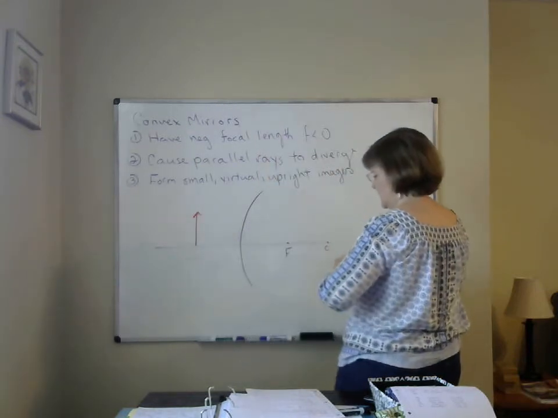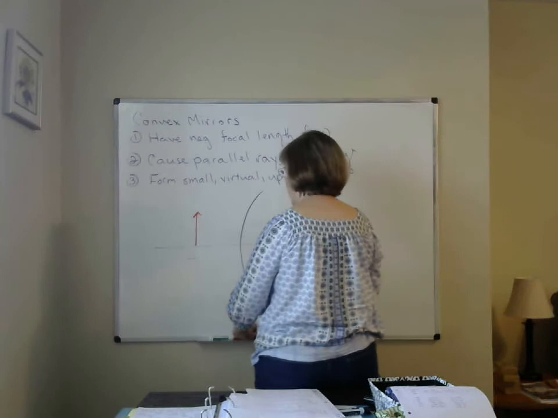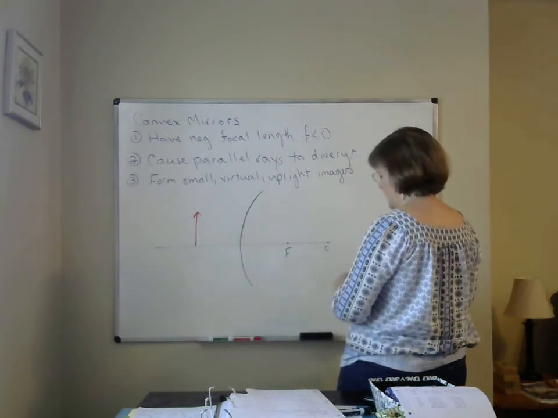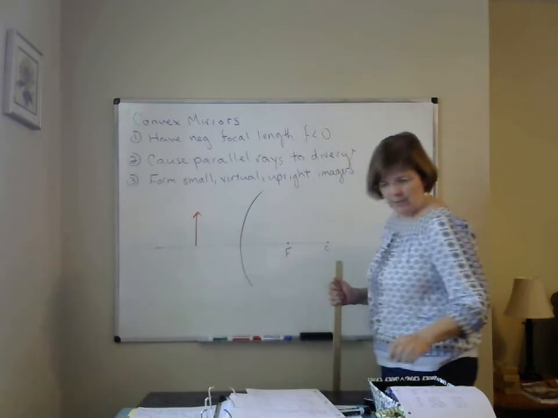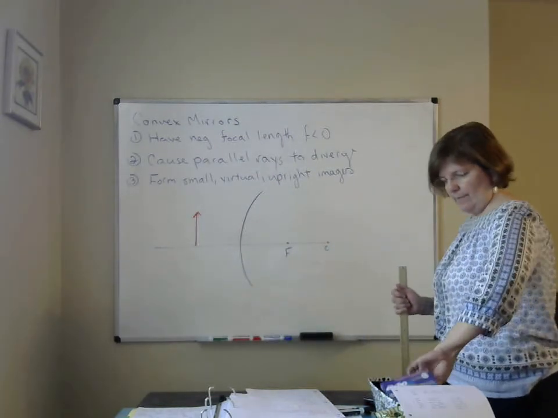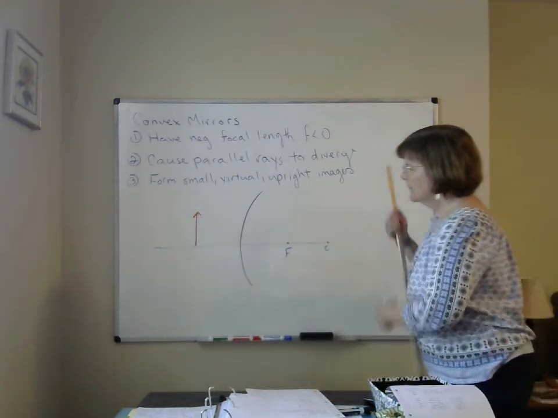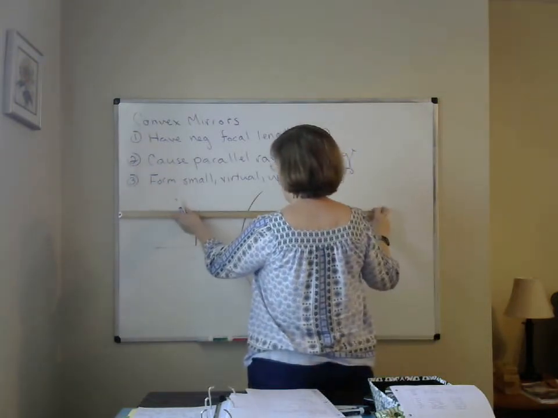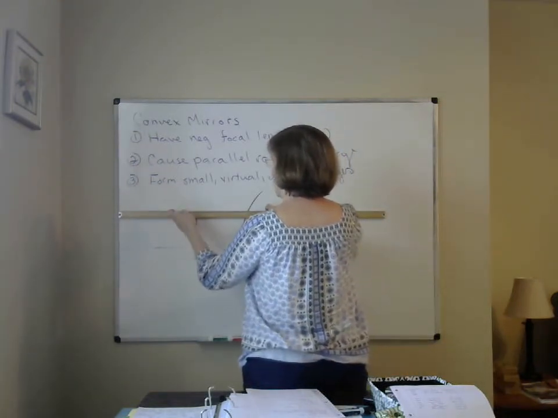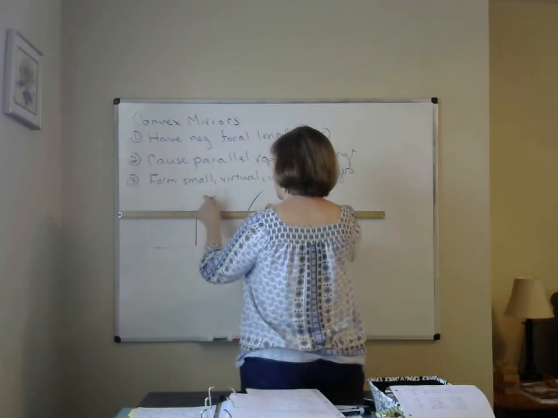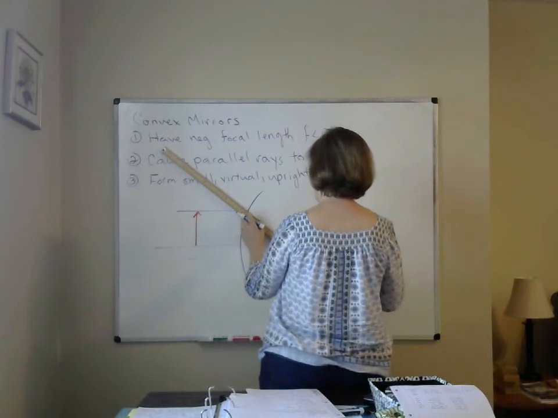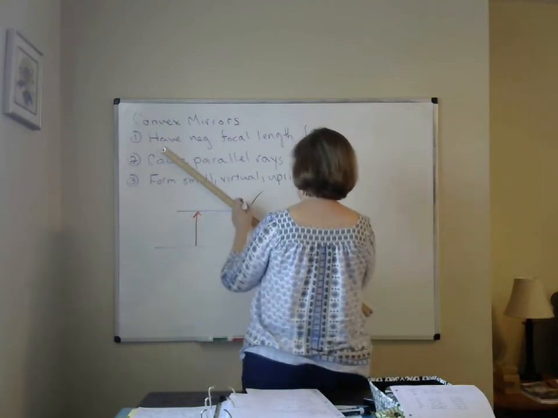What happens? Let's look at a couple of what we call principal rays. If we take a ray, get a different color here, and it's parallel to the axis, it's going to reflect, but it's going to reflect as if it comes from the focal point.